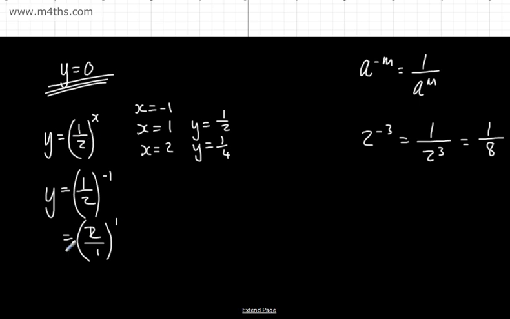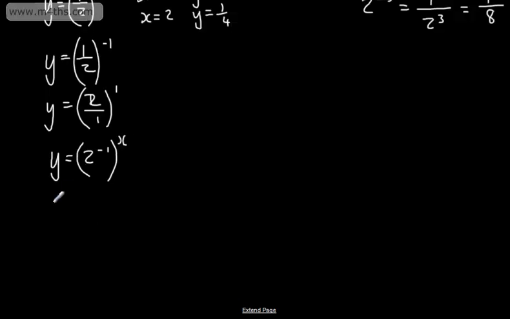Or, if your rules of indices skills are really good, 1/2 is 2 to the power of -1 raised to the power of x, which gives us y is equal to 2 to the power of -x.